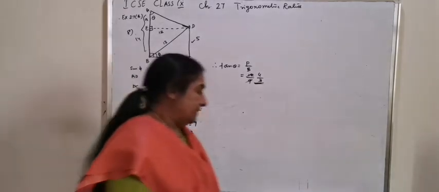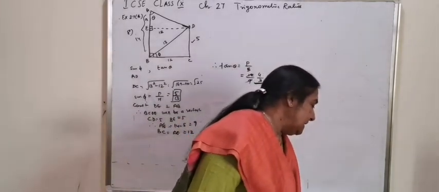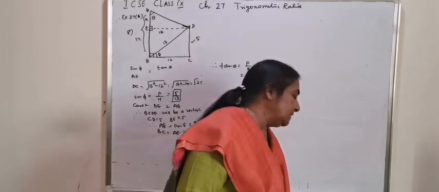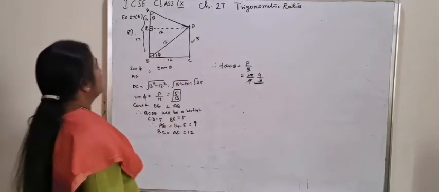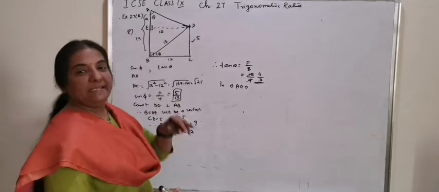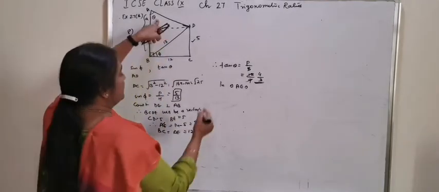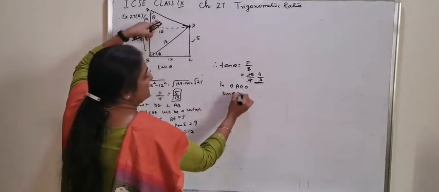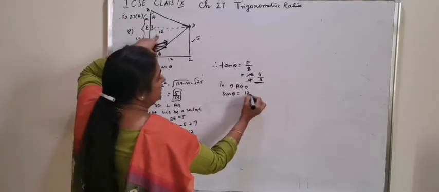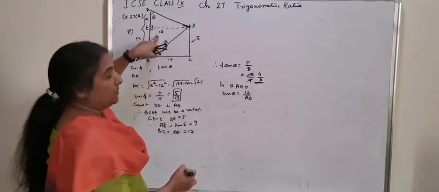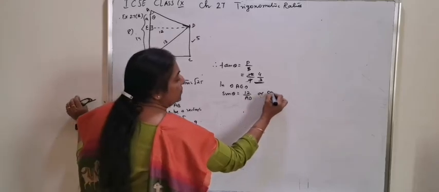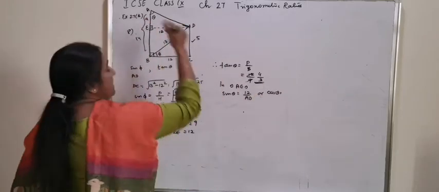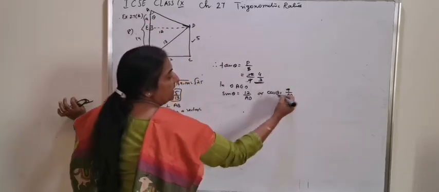The next question is, write an expression for AD in terms of theta. In triangle AED, sin theta is perpendicular by hypotenuse, and cos theta is equal to base by hypotenuse.